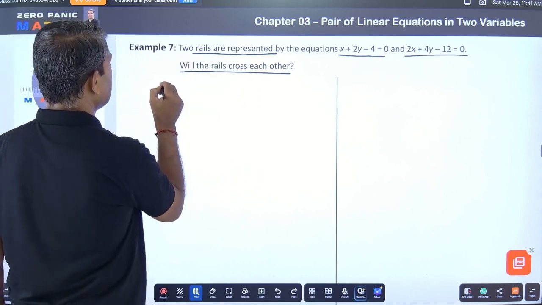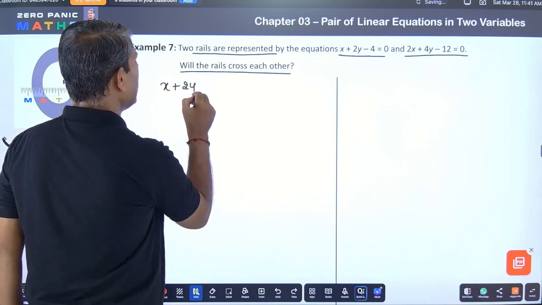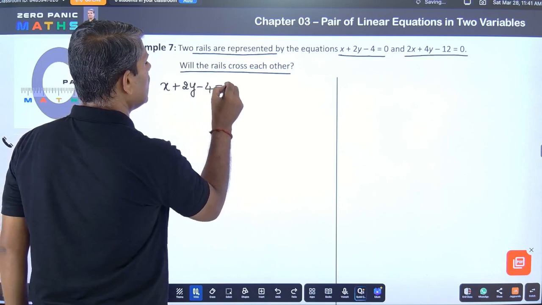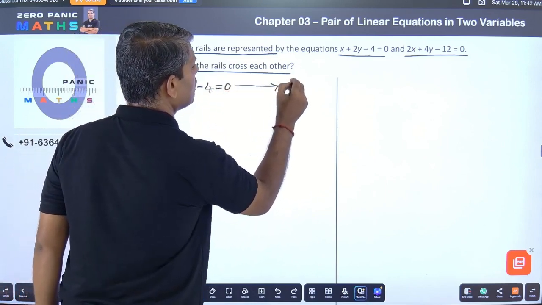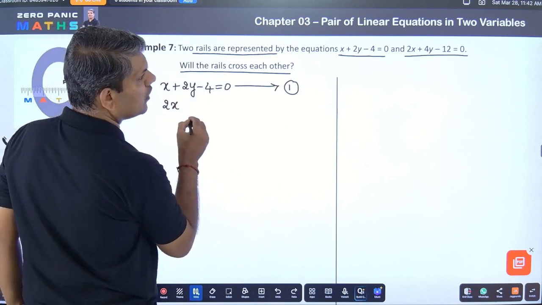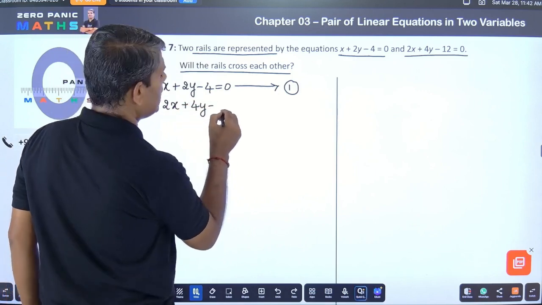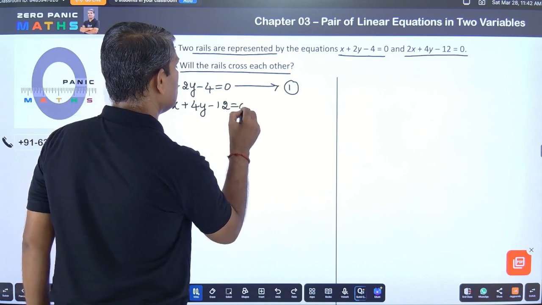The first equation is x plus 2y minus 4 is equal to 0, that is equation 1. Second is 2x plus 4y minus 12 is equal to 0.